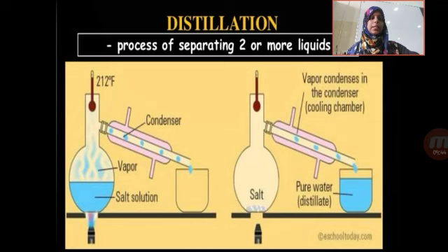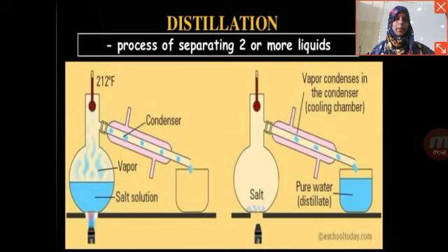What is distillation? It is the process of separating two or more liquids. This method is used for separating two miscible liquids, for example, milk and water. They will have different boiling points, right? The basic principle followed here is the boiling point of the liquid. Water has a different boiling point, oil has a different boiling point.